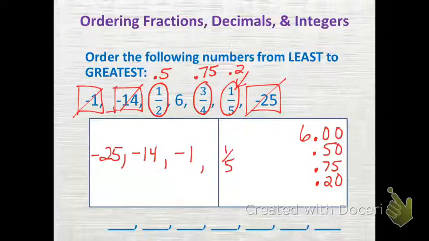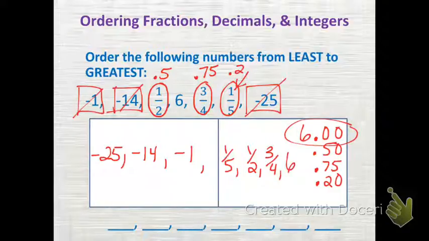So which one comes next? Yeah, 50, because 20 is smaller, 50 is next. So 50 is what fraction? Good. Okay, and then which one comes next? 75, that's the next one. So that's what fraction? 3/4. And then finally, 600 is definitely the biggest, so 6 is our biggest number.